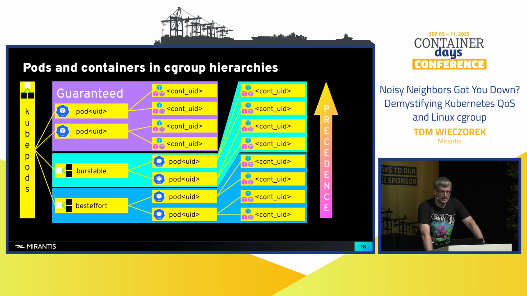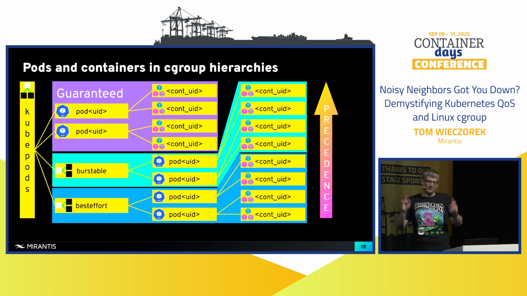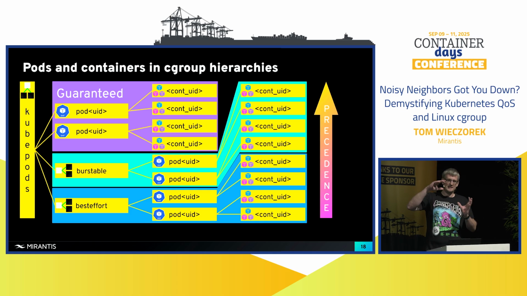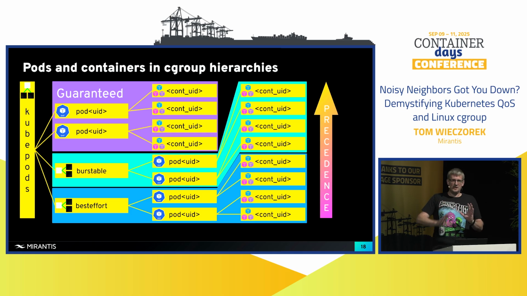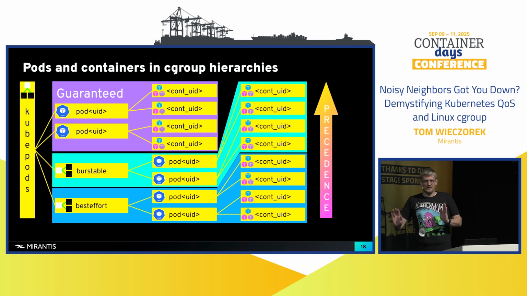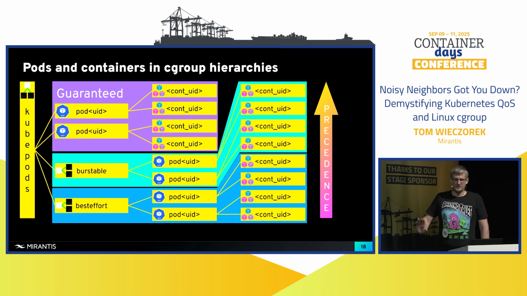This is how Kubernetes organizes our workloads in the cgroup hierarchy. We have the cgroup root for Kubernetes, for the kubelet, and for all of our workloads, which by default is called kubepods. This is basically the root cgroup under which kubelet will organize all of our containers and pods and whatnot.